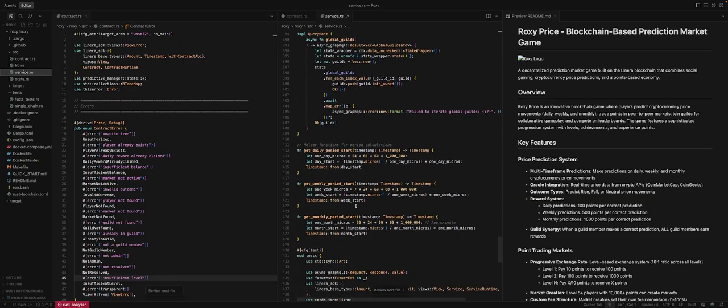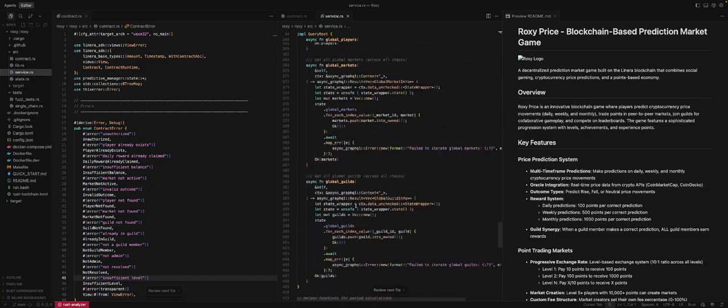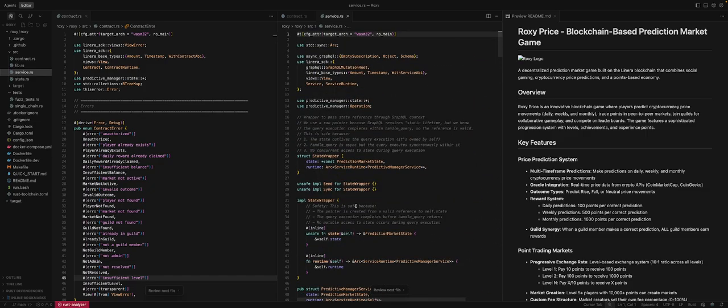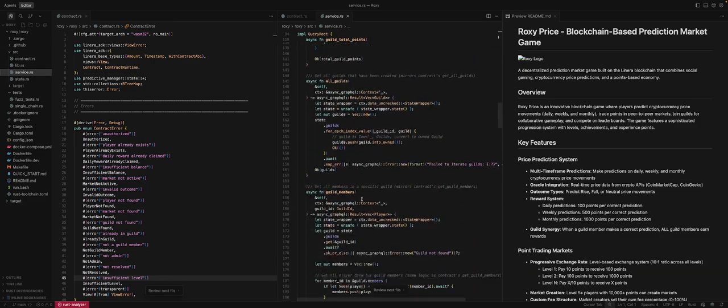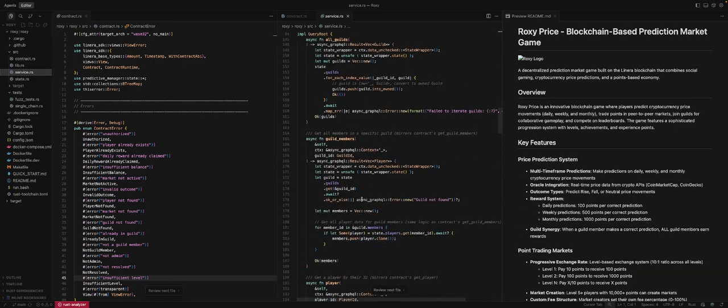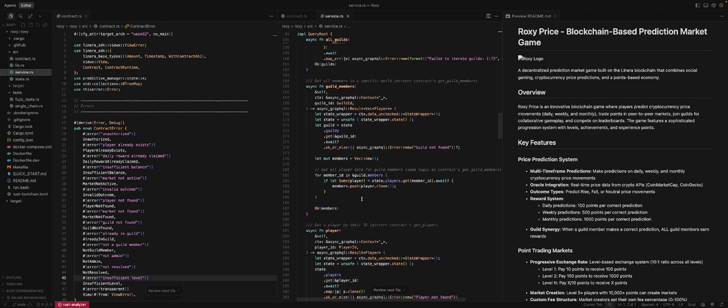These are basically all the read-only functions that query the Linera blockchain, and this is exactly what this service.rs file does.